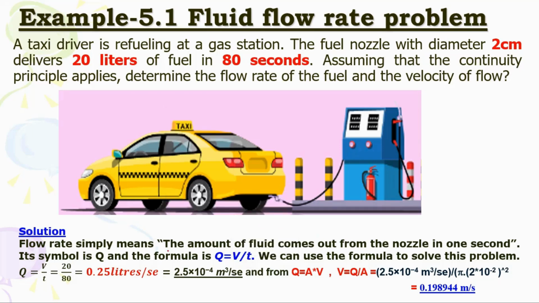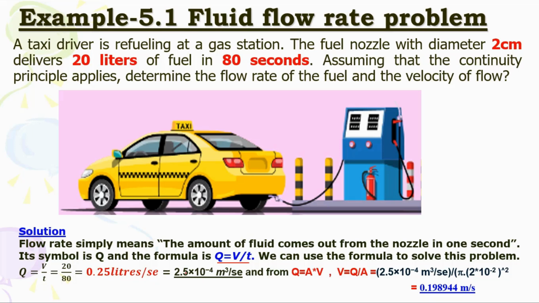You have the formula for flow rate, which is Q equals volume divided by time. Using this equation we are going to solve. So you have 20 liters divided by 80 seconds.